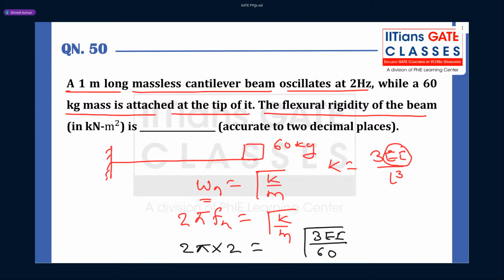Now what is unknown? Flexural rigidity. EI is known as the flexural rigidity of the beam. Now guys, everything is known. Find out EI.